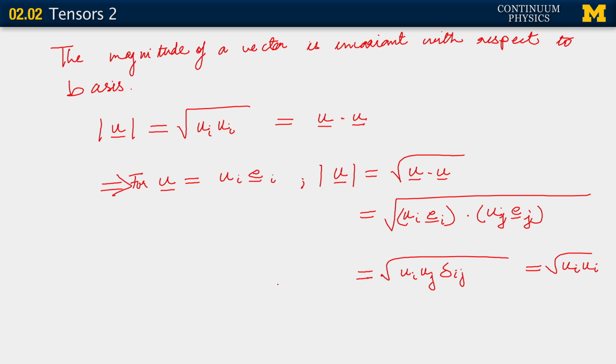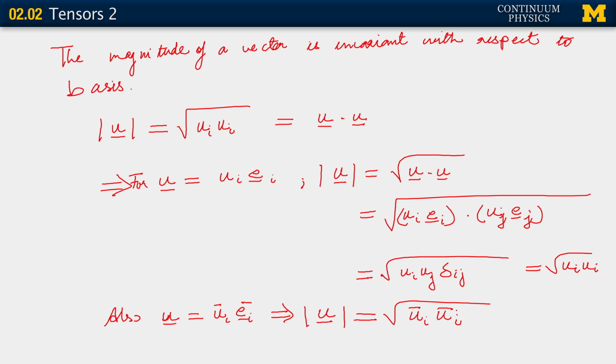Okay? Now, another way of writing this, of course, is also to write u equals u bar_i e bar_i. Go through the same steps as above, and what one will see is that this implies that the magnitude of u will also turn out to be written as the square root of u bar_i u bar_i.